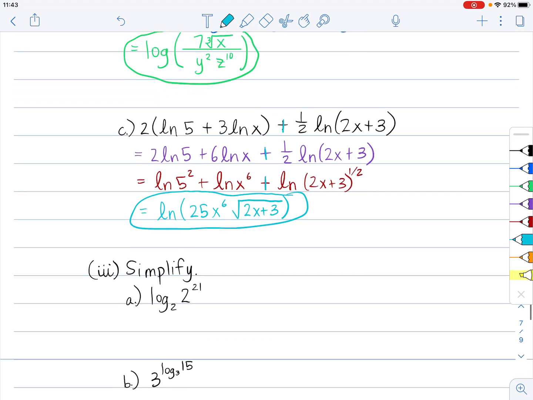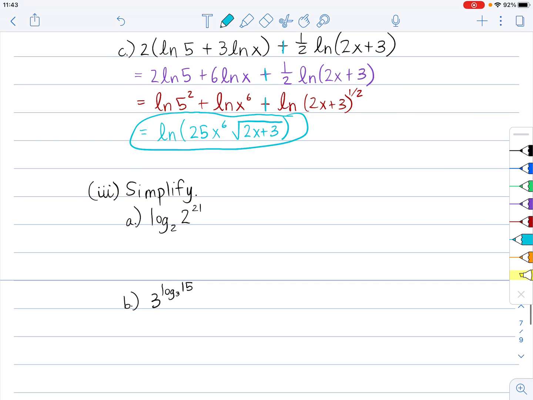Okay, example number 3. Our directions are simplify. Now, couple different things. Log base 2 of 2 to the 21. Could you pull down the exponent and simplify it that way? Sure. We actually did a problem similar to this previously. We said, okay, 2 to what power should give me 2 to the 21?